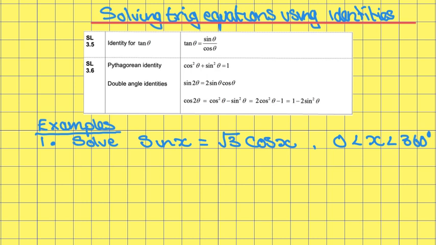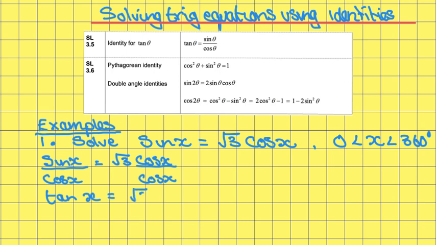So if I divide both sides by cos x, I will get sin x over cos x is equal to root 3 cos x over cos x. Well, cos x over cos x is just 1, so I'm left with sin x over cos x, which is tan x, so I'm left with tan x equals root 3.